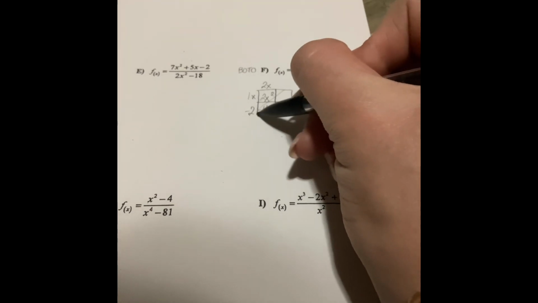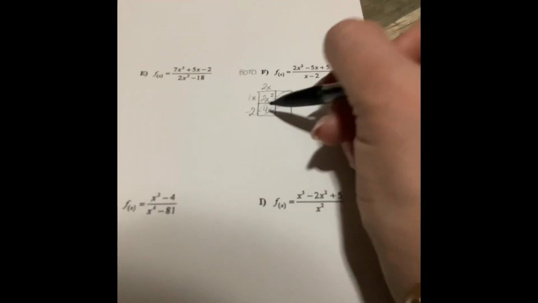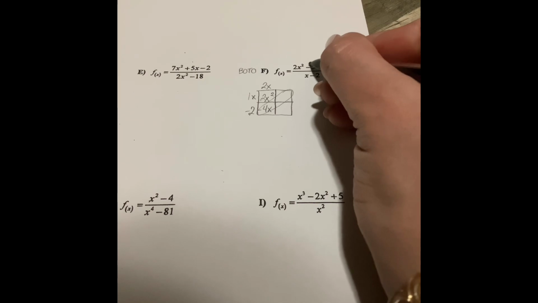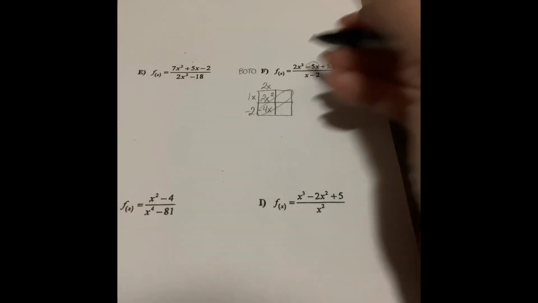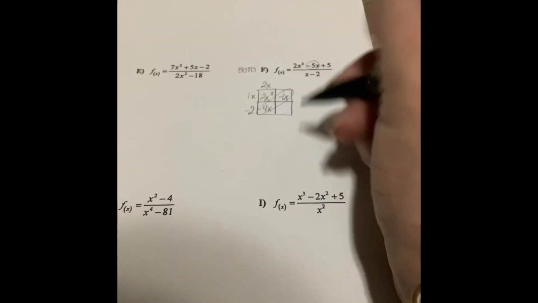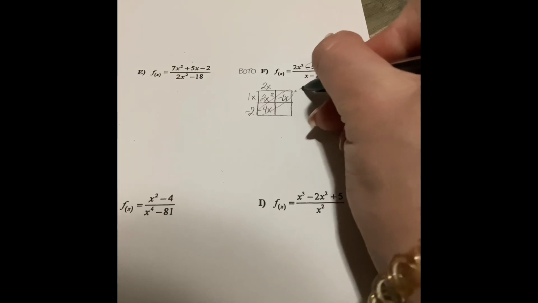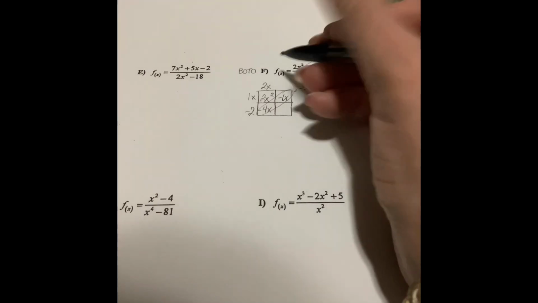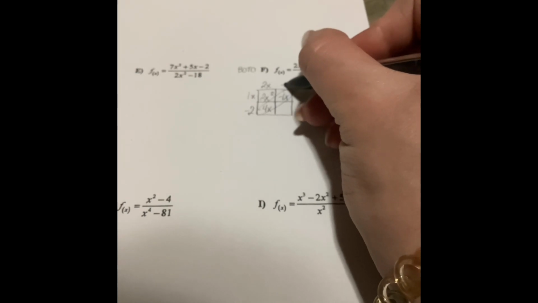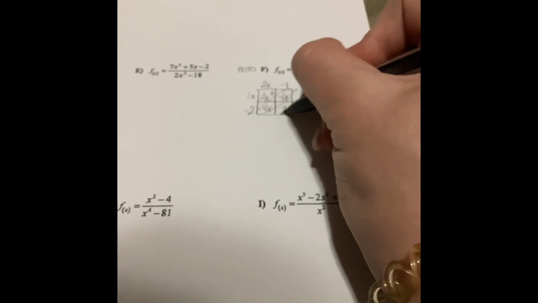Now these are going to combine because they're like terms. I'm at negative 4, but I want to be at negative 5. So I have to subtract another 1 to get there. And again, that's because it's going to equal that negative 5 that I want. And then to get from 1x to negative 1x is just going to be negative 1. Negative 1 times negative 2 is a positive 2.